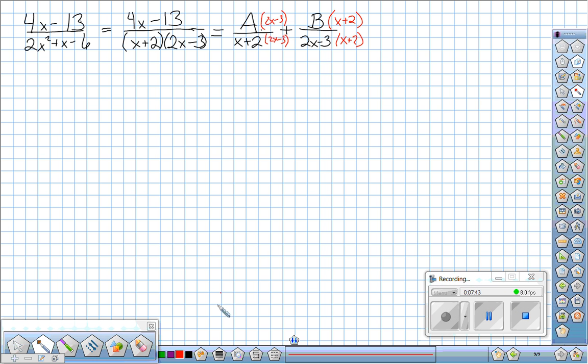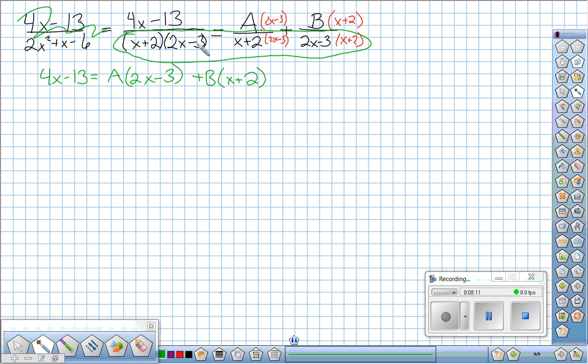Because I'm ignoring this first piece and only working with these guys over here, I have the same denominator on the bottom. Remember when we were working with rational functions that I could just take the top. So I have 4x minus 13 equals A times 2x minus 3 plus B times x plus 2.